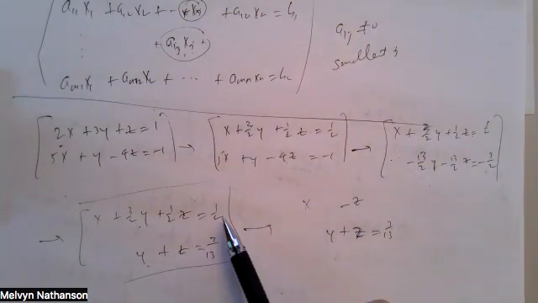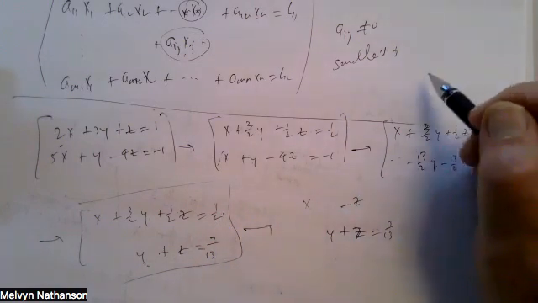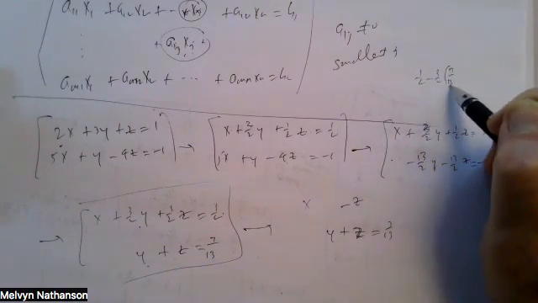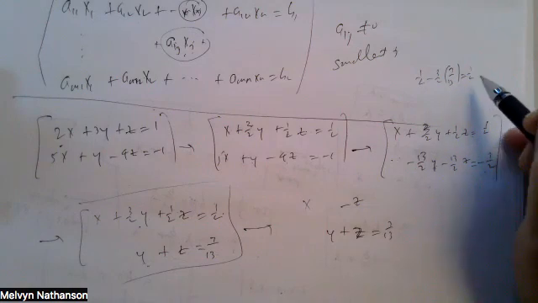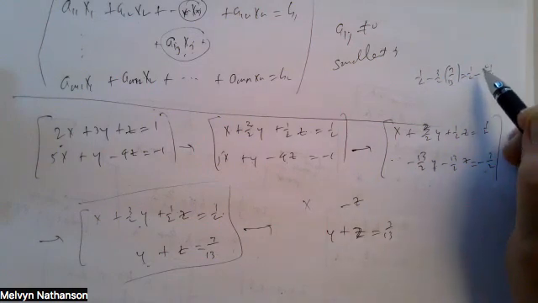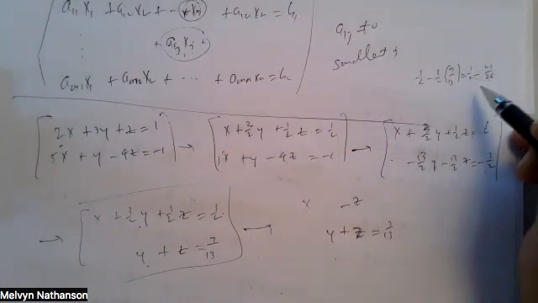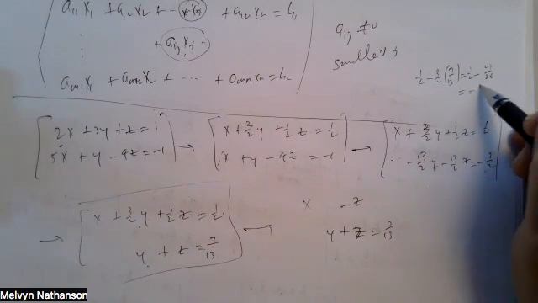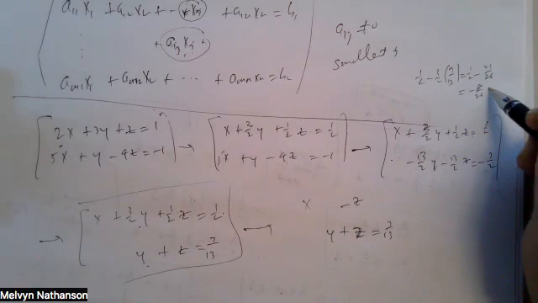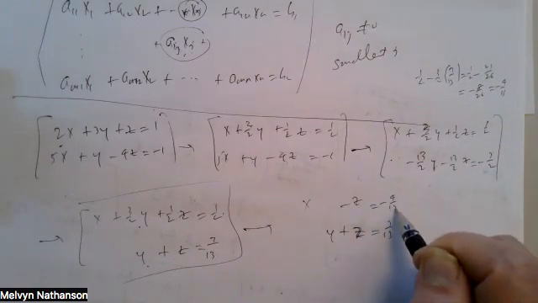And 1 half minus 3 halves times 7 over 13 is 1 half minus 21 over 26. This is 13 over 26, so this is minus 8 over 26, or minus 4 over 13.